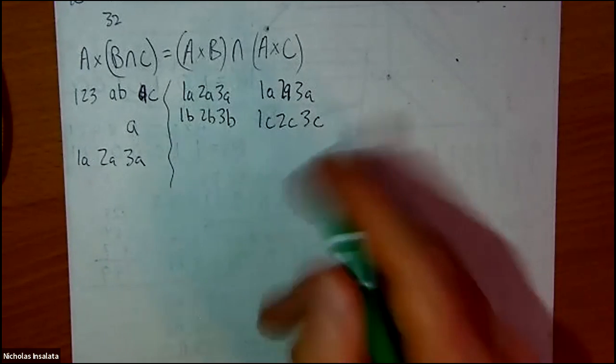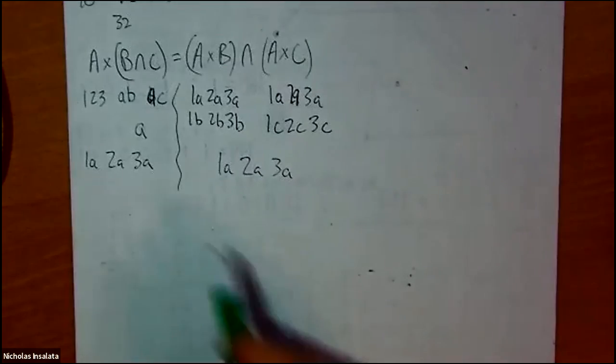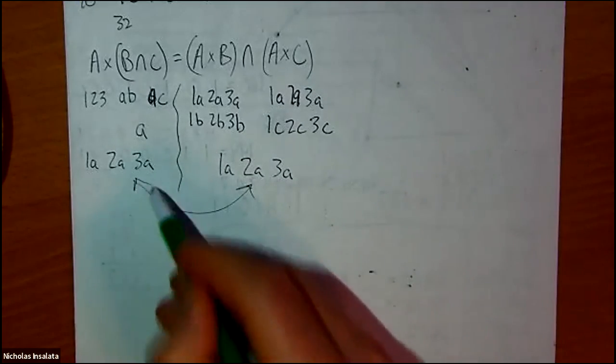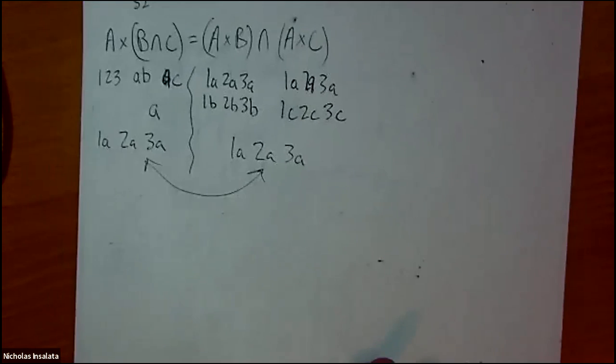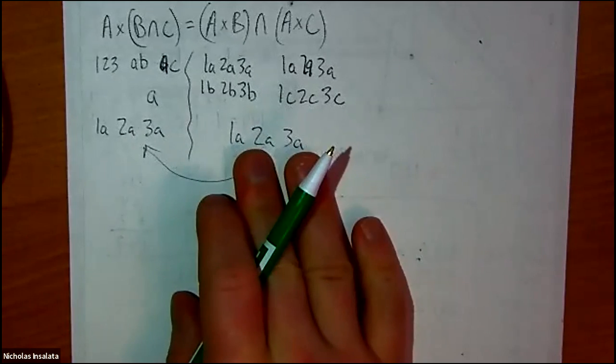Those don't intersect. So what we get is 1A, 2A, 3A, and you can see that these guys are the same, right? Okay, so that's kind of a nice way of thinking about it. I think that's not a proof yet, but that's moving in the right direction for sure.